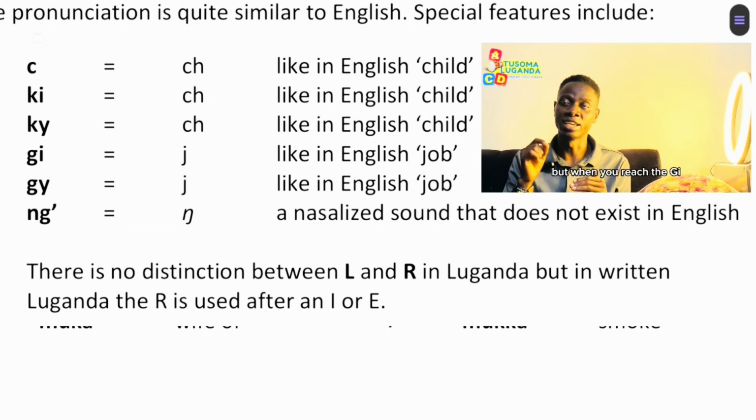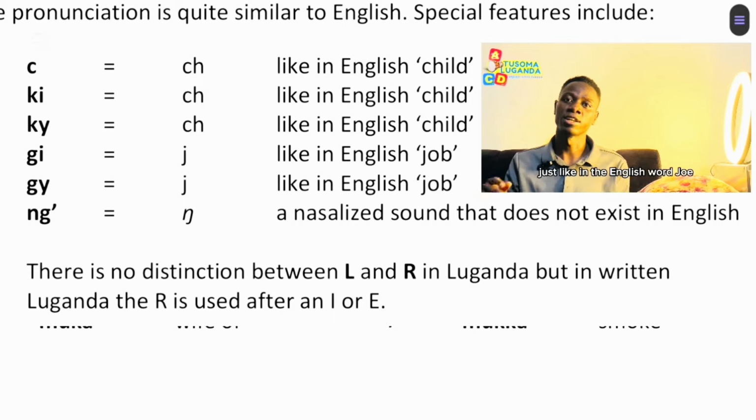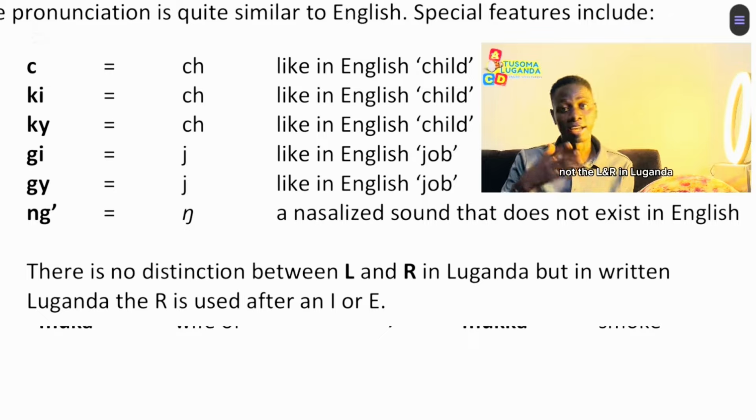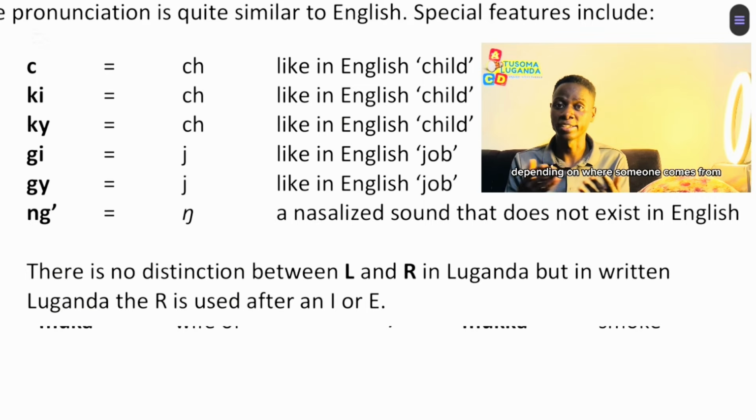But when you reach the GI, it sounds like a JI. Also a GY sounds as a J, just like in the English word Joe. You can use it with different sounds like ja, jo, ju. Note, the L and R in spoken Luganda are often interchanged at times, depending on where someone comes from.